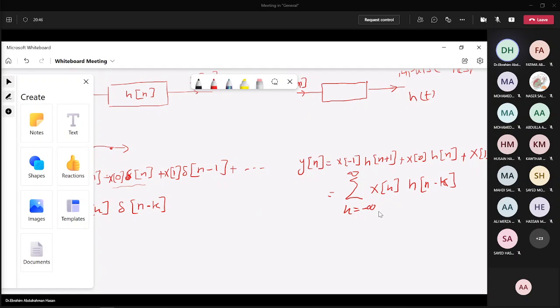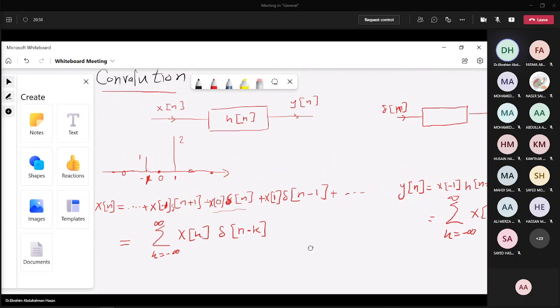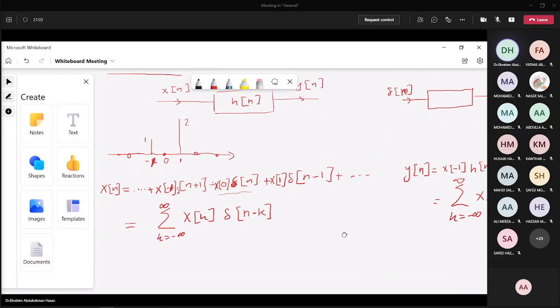What is the physical meaning? It means that the effect of each of the inputs on the system to get the output must be distributed over all of them, then added together to get the output at a specific point.